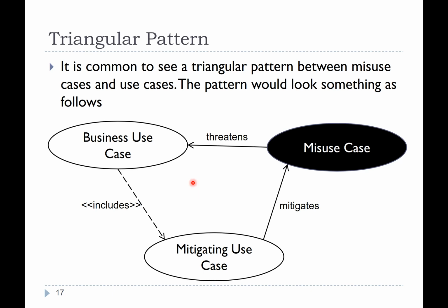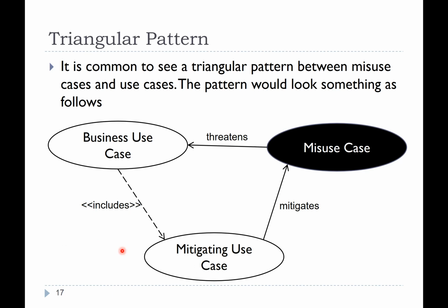All right. So the business use case will include, and we tend to say it's an include because we're not going to wait to see if we're going to be threatened or not. We have to include it, make sure that we do our defensive mechanisms functionality up front.